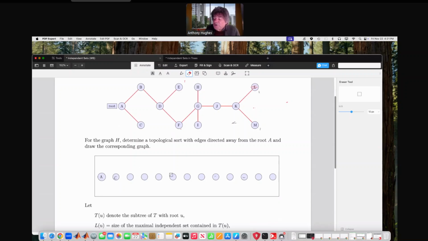Whether you include the node in the subtree, so let me see what we got. Let's do a subtree to indicate. We'll do a subtree in green.